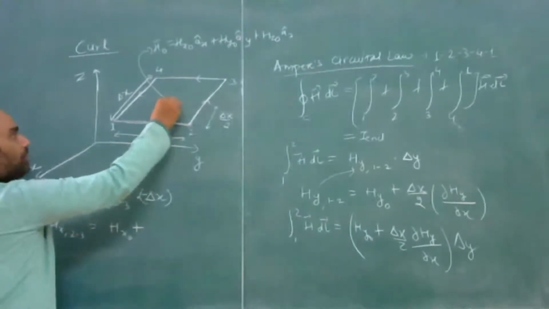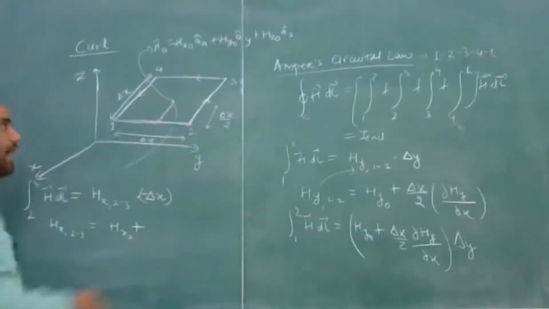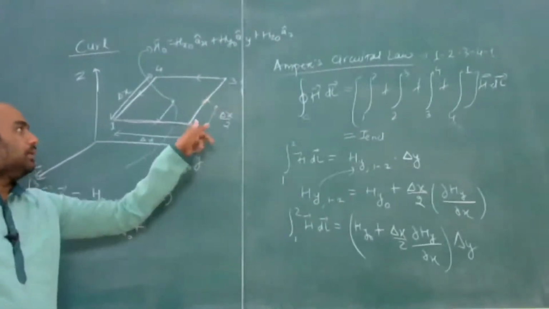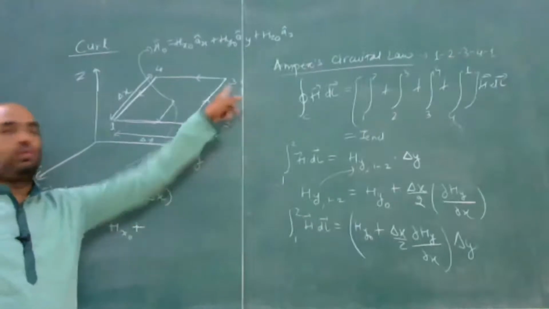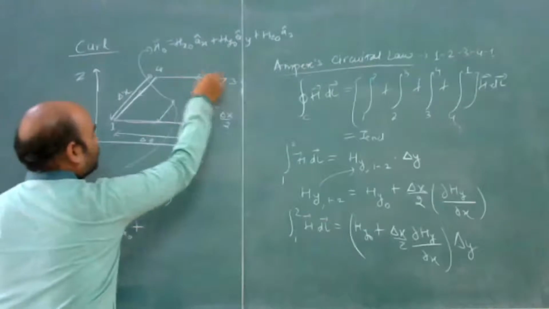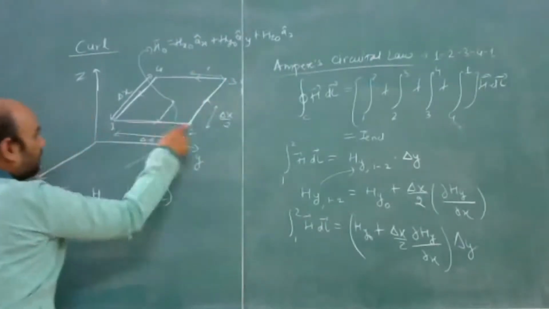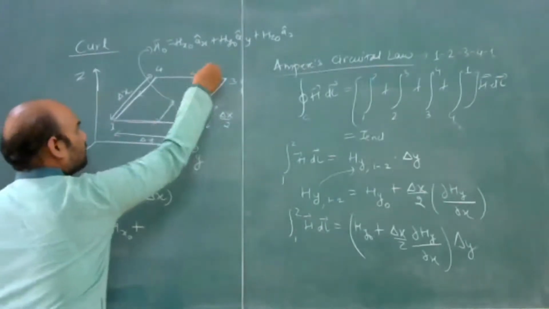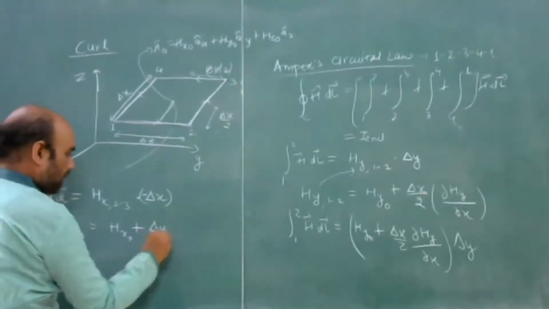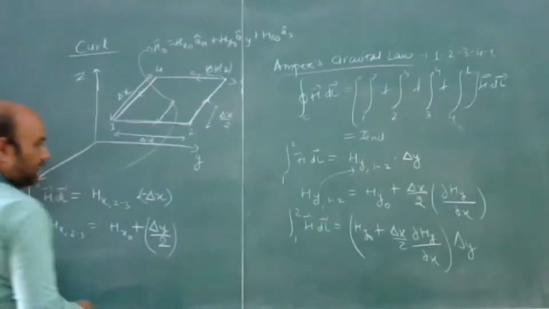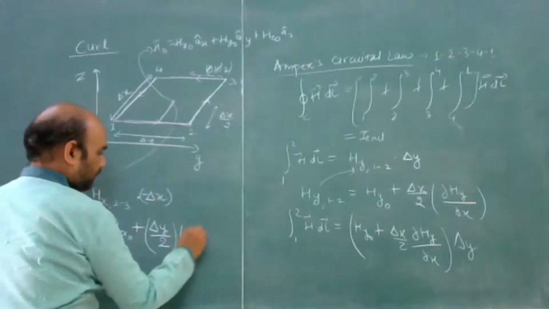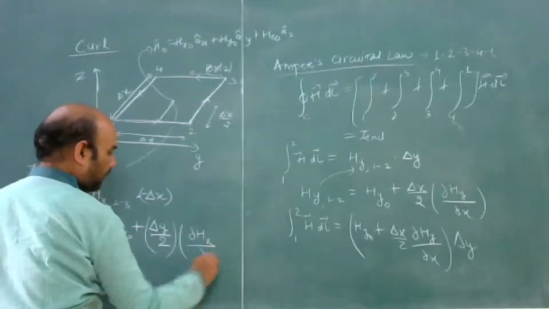We know the value of H at the center, but we have to find the value of H at this straight line from 2 to 3. So again we have to travel this distance, which is delta y. This is half of this, so this will be delta y by 2, multiplied by the rate of change of Hx with respect to y.